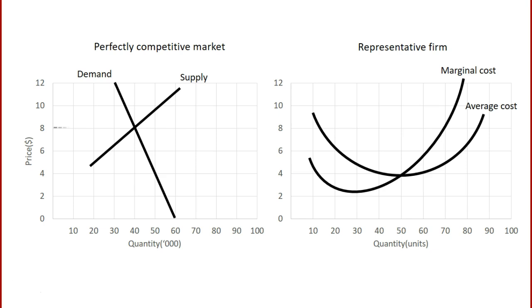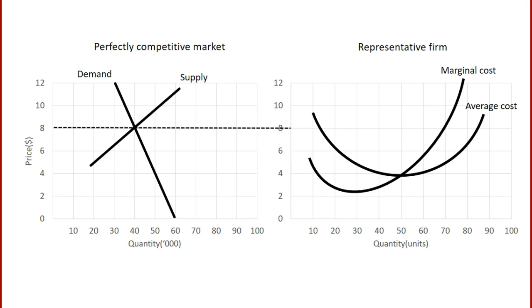The market price is the equilibrium price, the point at which the quantity demanded equals the quantity supplied, and that's $8. Because this firm, and all the other firms, are price takers, that price of $8 remains unchanged irrespective of how much this firm produces, whether it produces 20 units of output, 50 units, or 70 units.